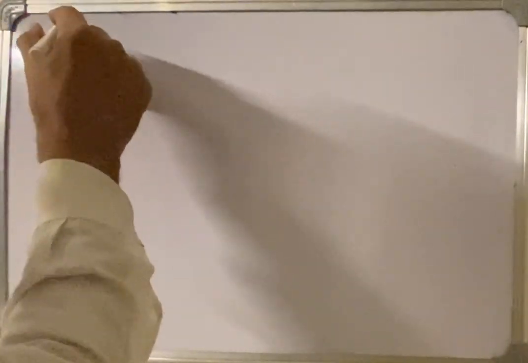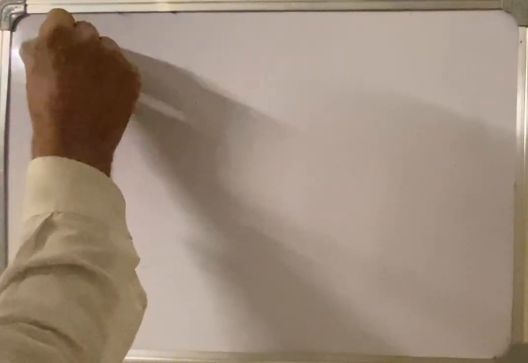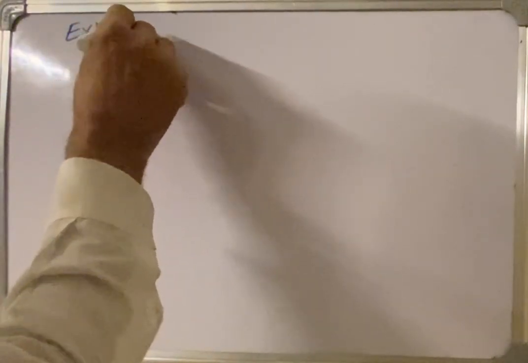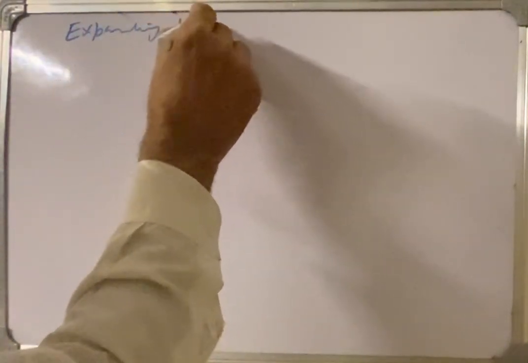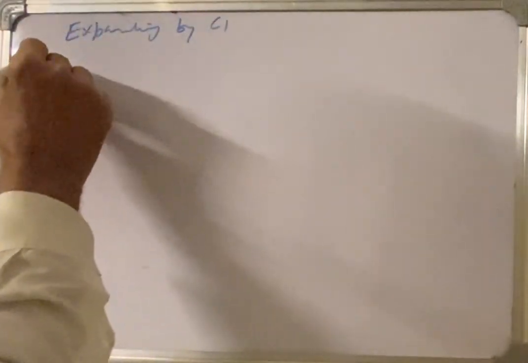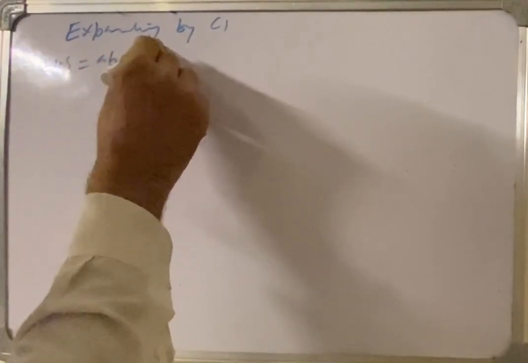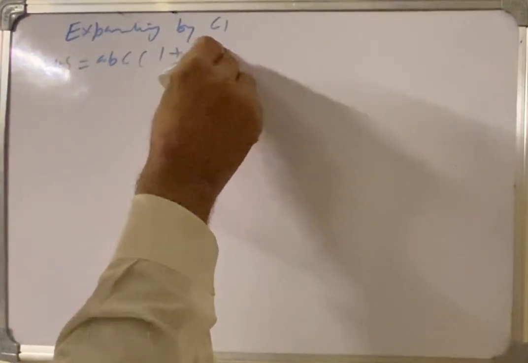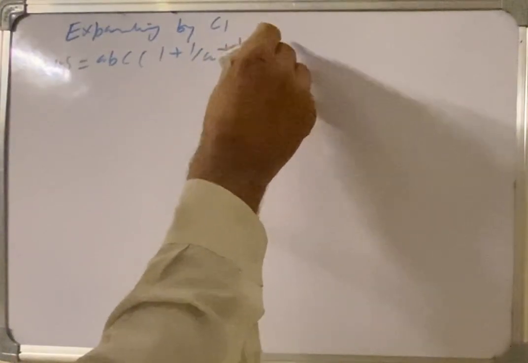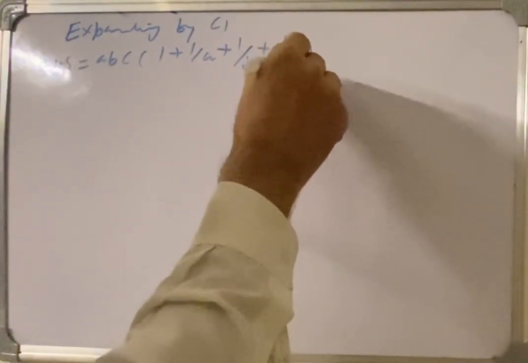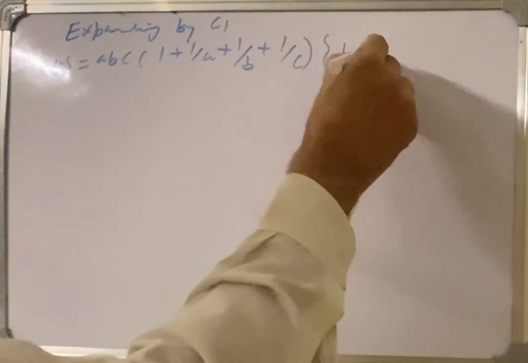Expanding by first column C1, left hand side is ABC into 1 plus 1 over A plus 1 over B plus 1 over C into 1 minus 0 plus 0.